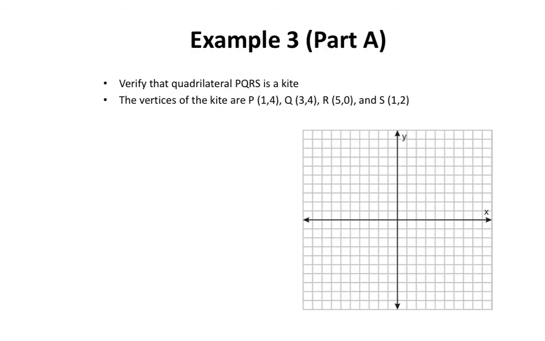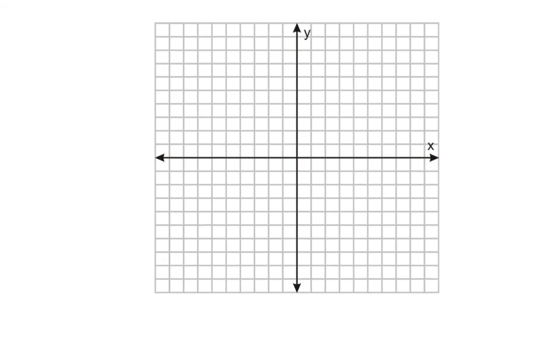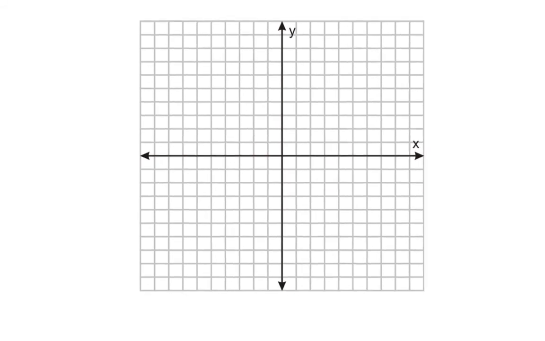In our third example, we want to verify the quadrilateral PQRS is a kite. We're given the vertices of the kite PQRS. Since we've been given the coordinates of the vertices of this kite, let's go ahead and do a rough sketch with this Cartesian plane. I'm going to start with point P, which is (1, 4).